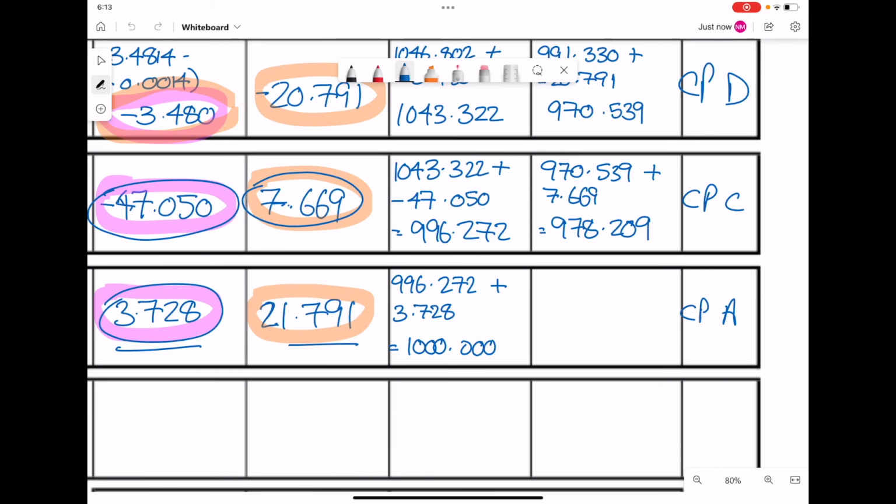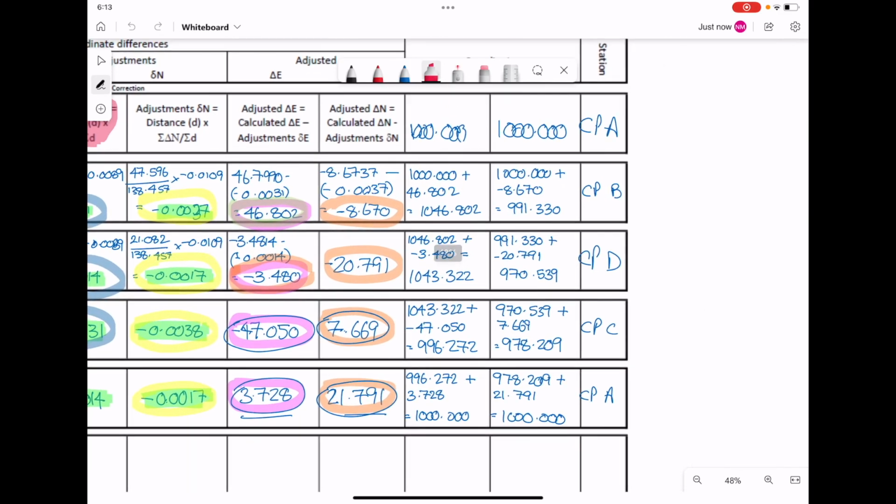And similarly for the northing, 978.209, add on the adjusted partial northing, which is 21.791, gives us back a value of 1000.000, and that matches our initial coordinate.